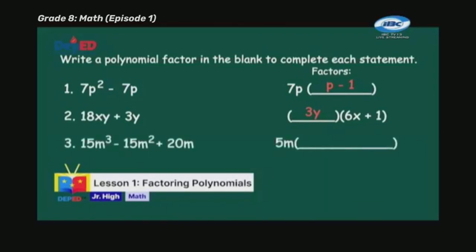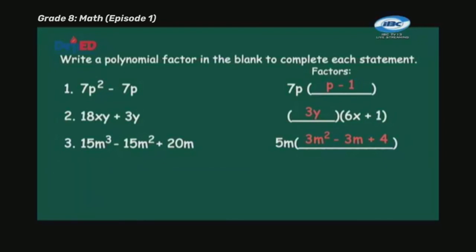Number 3, 15m cubed minus 15m squared plus 20m is equal to 5m times what polynomial? The polynomial factor in this item is 3m squared minus 3m plus 4.